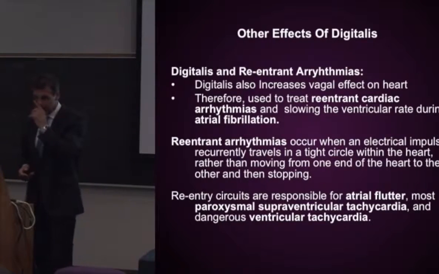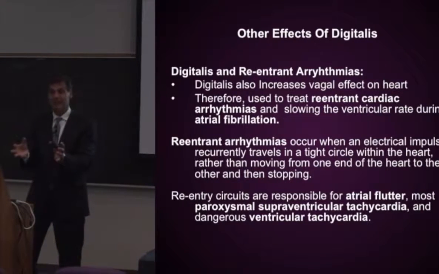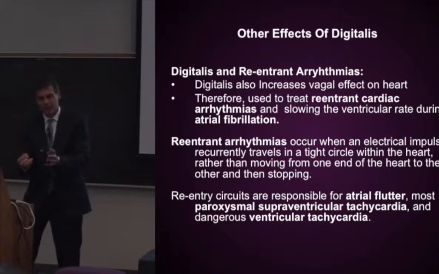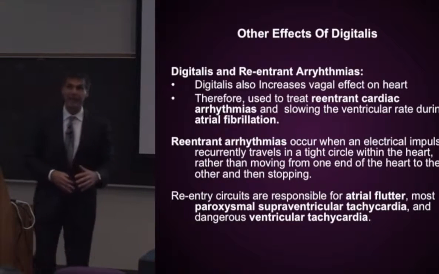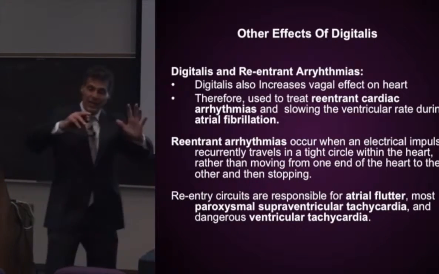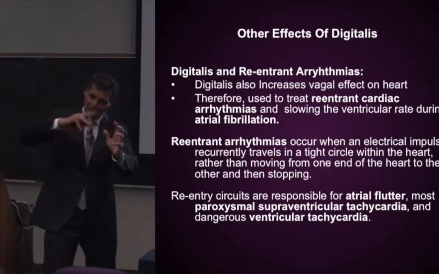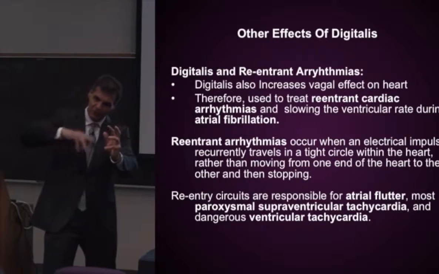These digitalis type drugs also increase the vagal effect on the heart, so it can slow the heart rate down and decrease atrial fibrillation. So it can also help with respect to what are called reentrant arrhythmias. In a reentrant arrhythmia, you have this constant circuit of hyperirritability of certain muscle cells, and it's creating an arrhythmia.